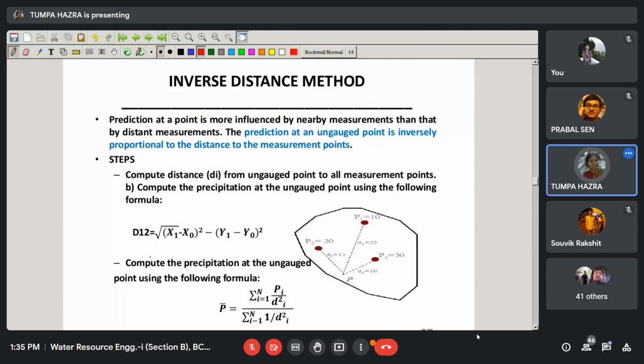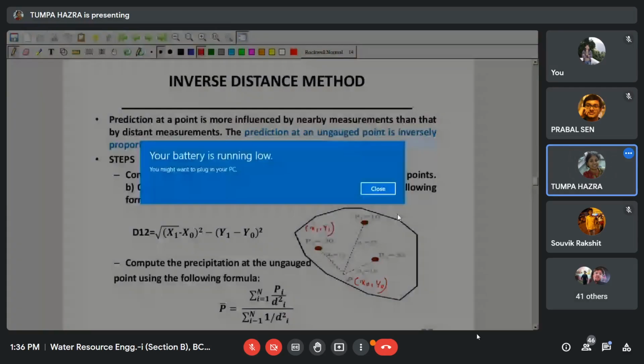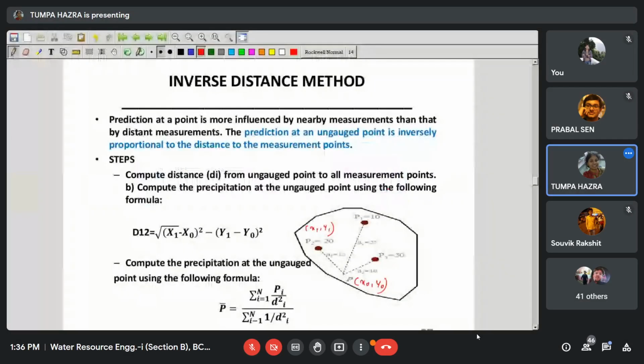Let us consider you have to determine the data of the 0th station whose coordinates x0, y0 you know, and you know the rainfall data of 3 neighboring stations whose coordinates are also known to you.